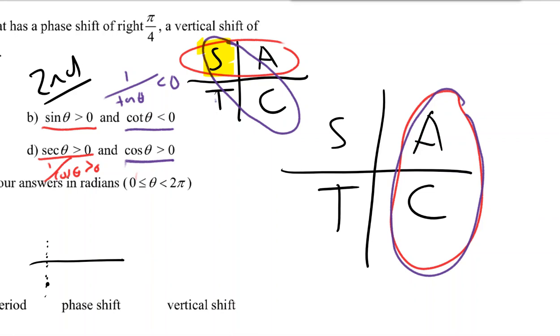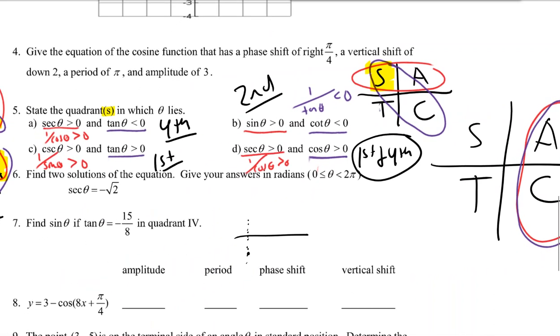So this one has 2 answers. The 1st and the 4th quadrant make both of those true, because they're always positive at the same times. And that's why the direction said state the quadrants, plural, because this one had more than one. It's possible to have no answer, it's possible to have 2 answers. It just depends on the clues.